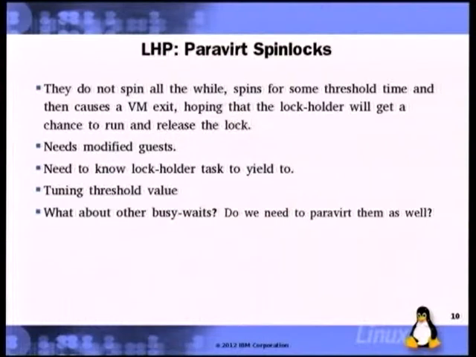What it requires is the guest kernel to be modified. Again, the same limitation: the hypervisor needs to know whom to yield to, and tuning the threshold parameter can be tricky. Paravirtualizing spin locks would solve one of the spin lock problems. So what happens to the other busy locks in the kernel apart from the spin lock? We found some of them while doing benchmarking, which I'll talk about later on.